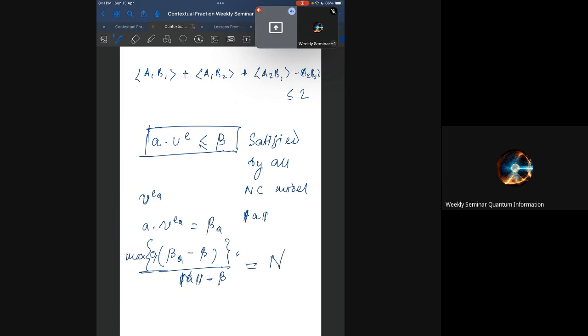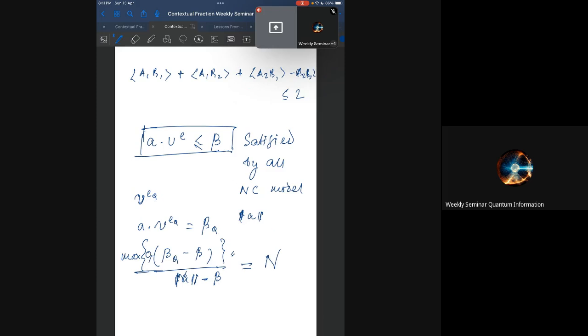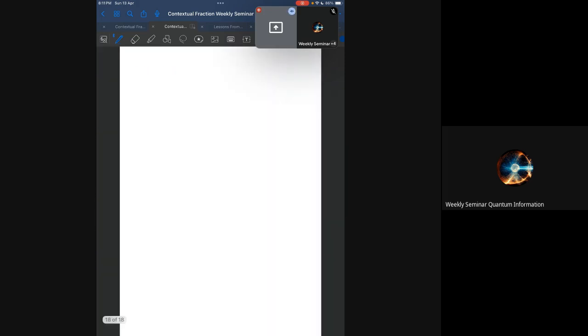Now I'm coming to the result. It is proved that the normalized violation of an inequality by some empirical model is at most the contextual fraction. That means N is at most the contextual fraction of E. Let's say N^E, I am writing N^E, is the normalized violation of some inequality by this model E. So the first result is this.